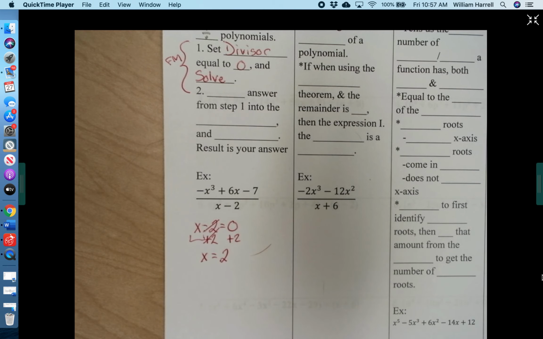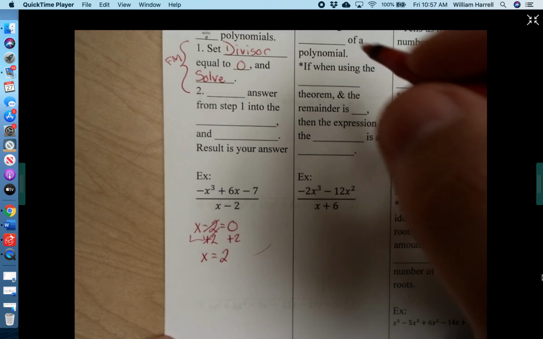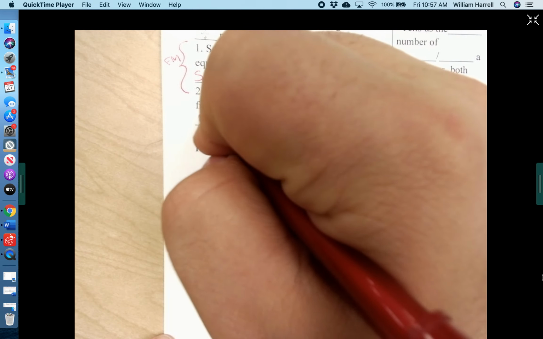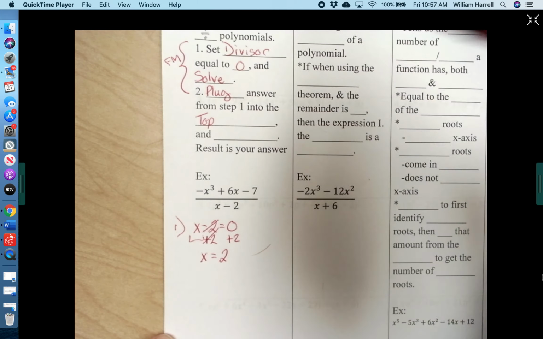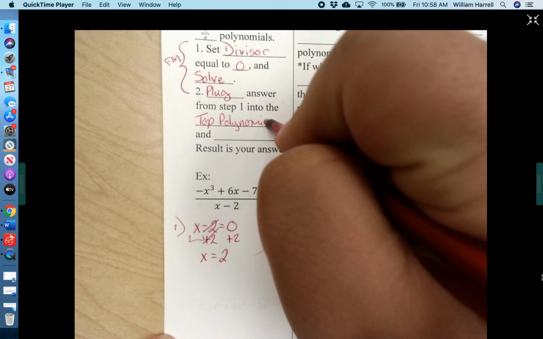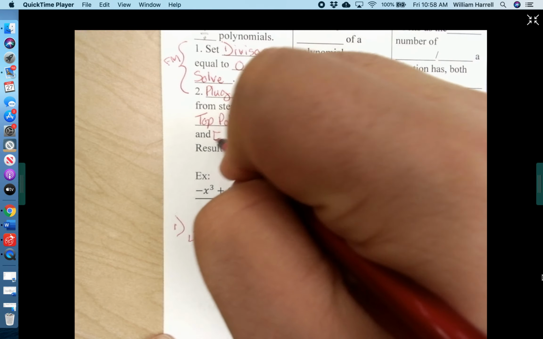Okay, so x minus 2 equals 0. Solve for x, do the opposite of subtraction, so I add 2 to both sides, and I wind up with x equals 2. Okay, so that's step 1. Step 2 is I'm going to plug, or substitute, whatever I get from step 1 into the top polynomial and evaluate.